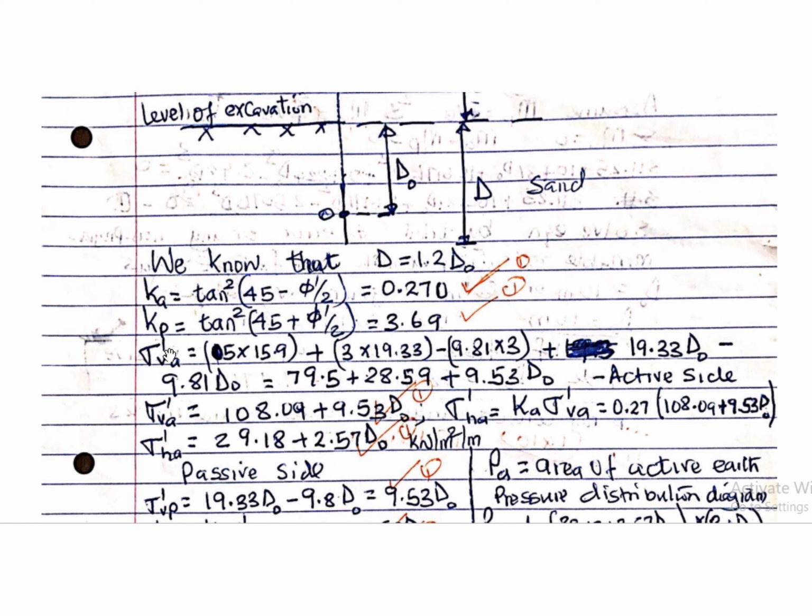So to get the vertical effective stress on the active side, the reference is 0.0.